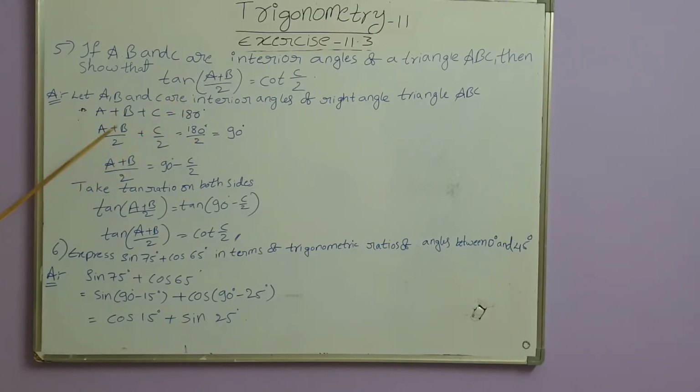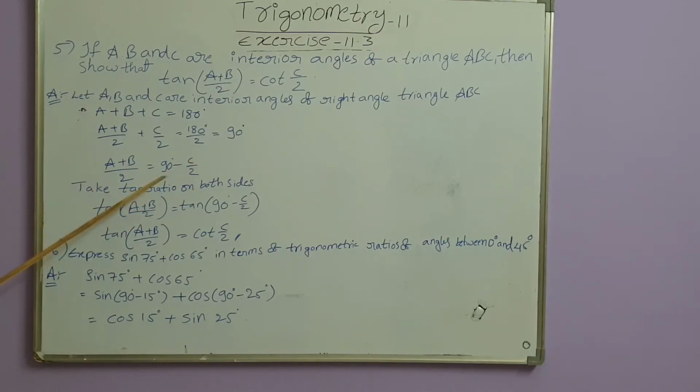So we divide both sides by 2: A plus B by 2 plus C by 2 is equal to 180 by 2, which is 90 degrees. So A plus B by 2 is equal to 90 degrees minus C by 2, taking C by 2 to this side.